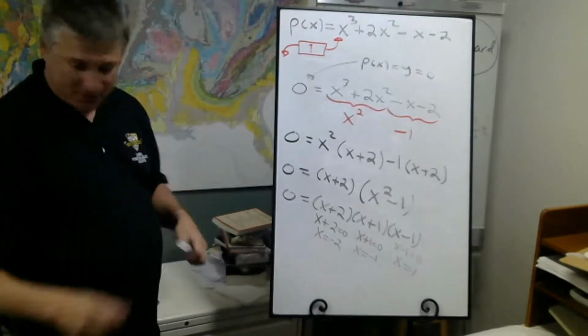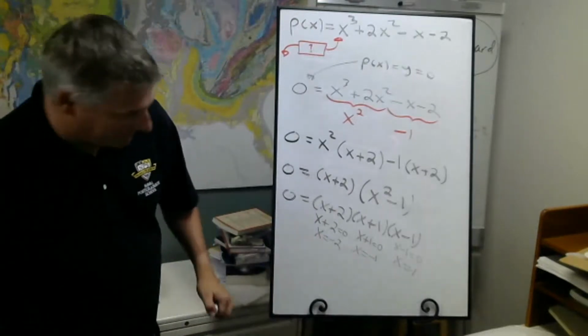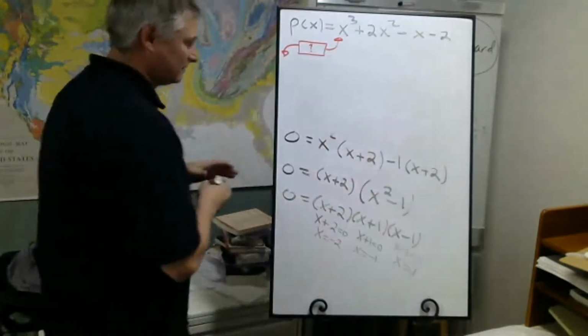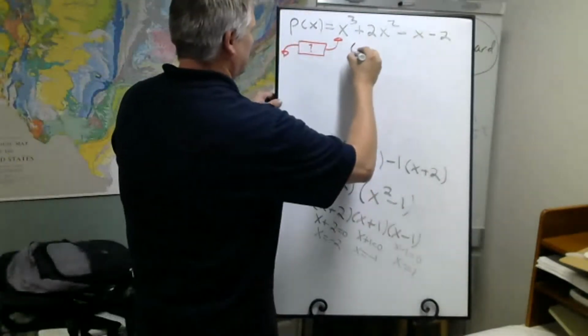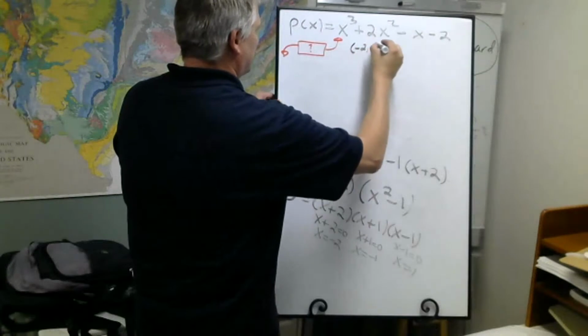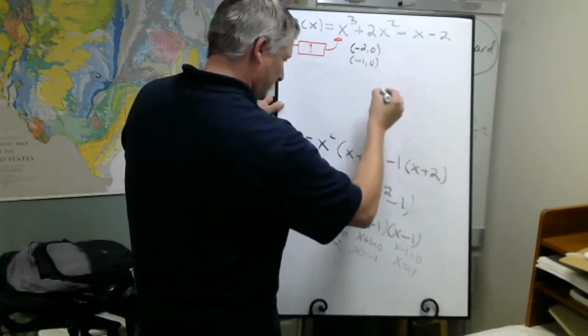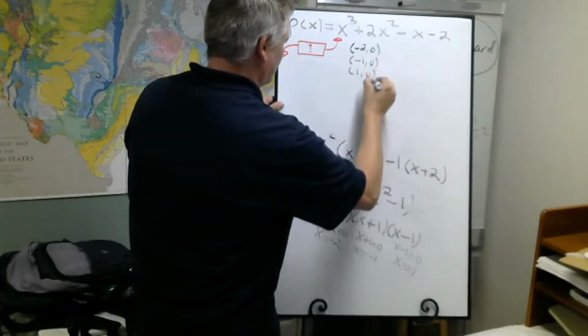So that means our x-intercepts, we have 3 of them. -2, 0, -1, 0, and 1 and 0.